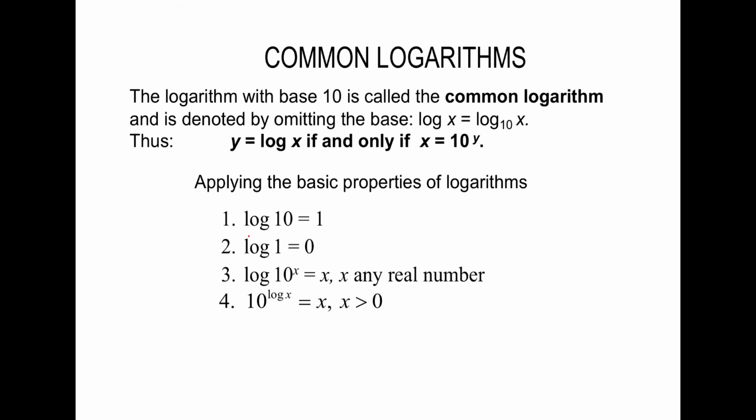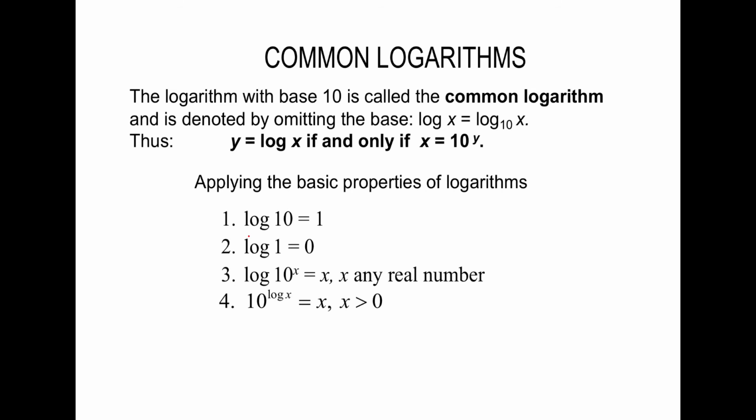Now, some of you may have played around with your calculators a little bit because there are logarithms listed on your calculators. If you use the log button, it says log of x, you've actually been using a common logarithm. The common logarithm has a base 10.